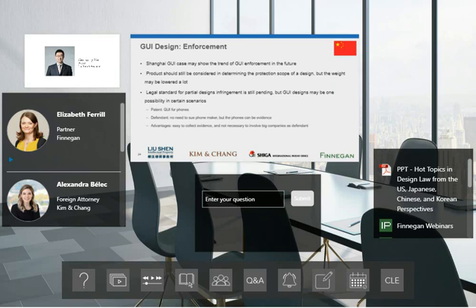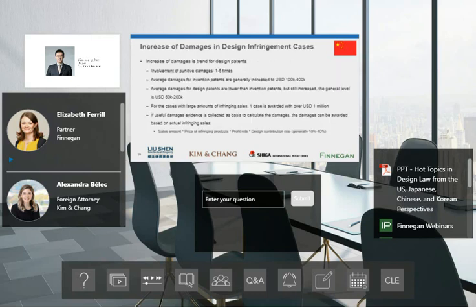So here's one thing. Another topic is the increase of damages in infringement cases. We can see the punitive damages in China, 1 to 5 times, in the whole patent system.